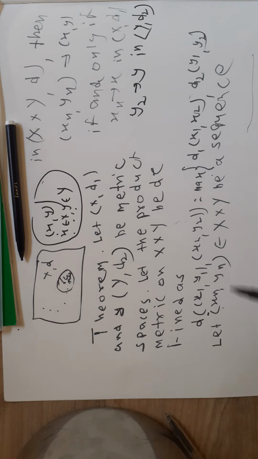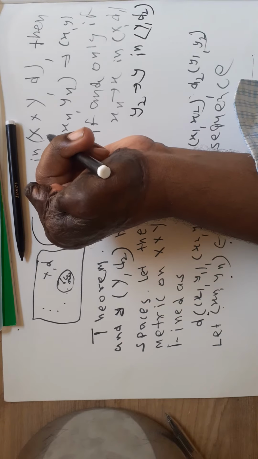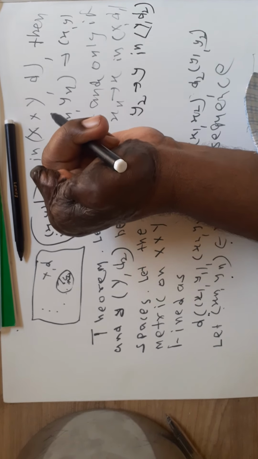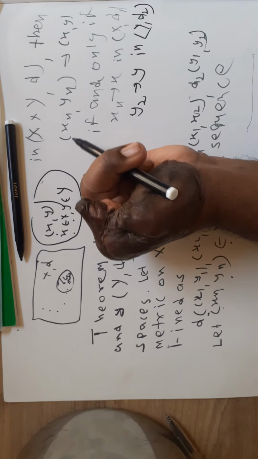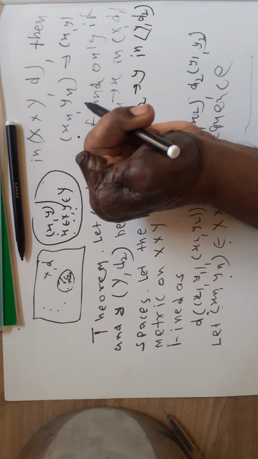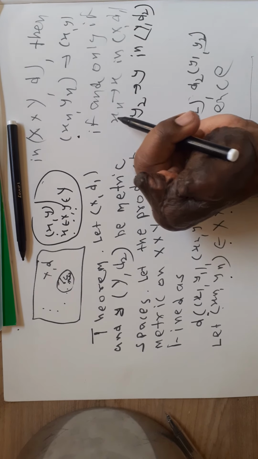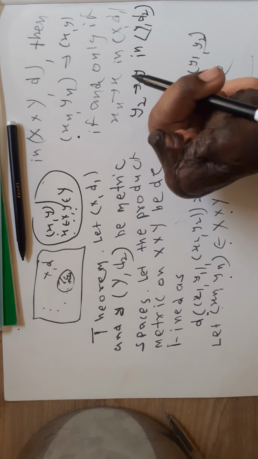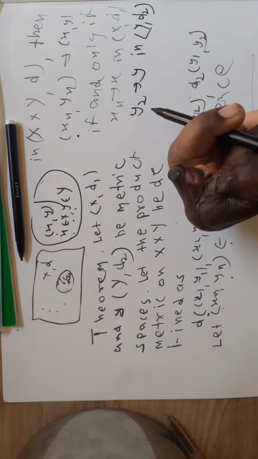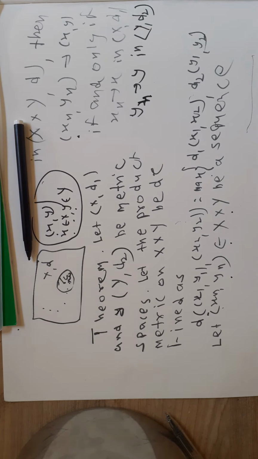Now the theorem is: let (x_n, y_n) belonging to X cross Y be a sequence in the metric space (X cross Y, d). Then (x_n, y_n) approaches (x, y) if and only if x_n approaches x in (X, d1) and y_n approaches y in (Y, d2). This is the theorem.